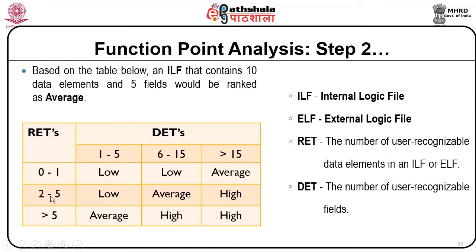If the number of user recognizable data elements in an internal logic file or external logic file is from 2 to 5 and the number of user recognizable fields is from 6 to 15, the rank is average. If the number of data elements is from 2 to 5 and the number of fields is greater than 15, the rank is high.